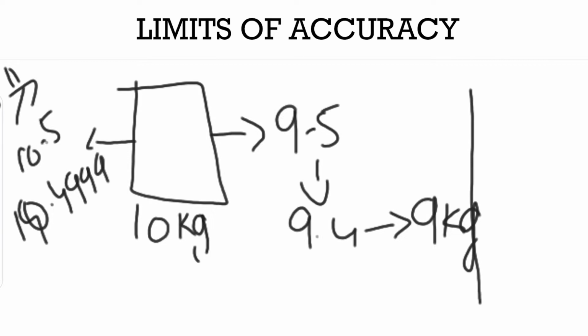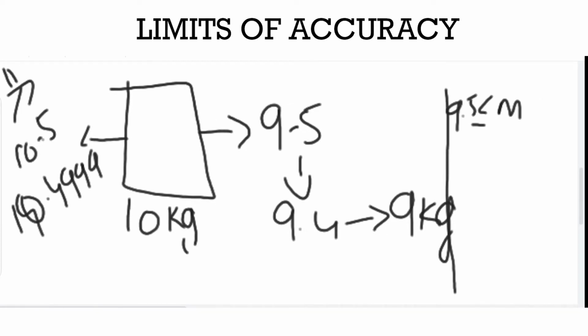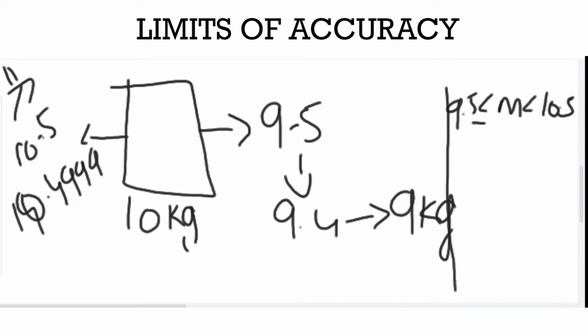For example, this could be written as: the mass of the block is greater than or equal to 9.5 kg, but less than 10.5. I have not written the equal sign for the upper bound because the upper bound has to be lower than 10.5, or else it will be rounded to 11 kg.